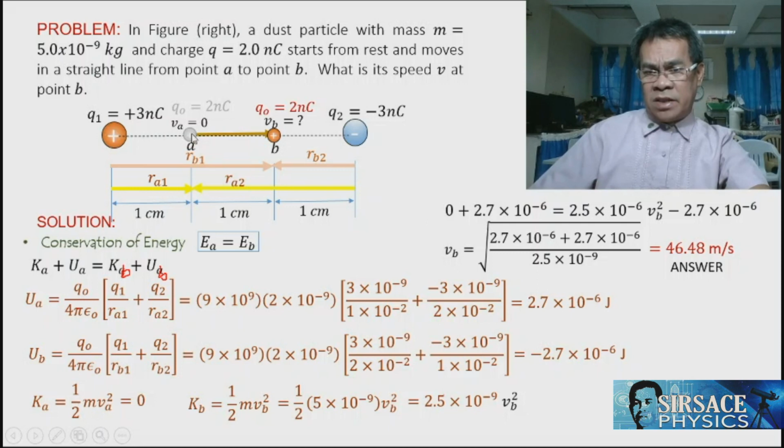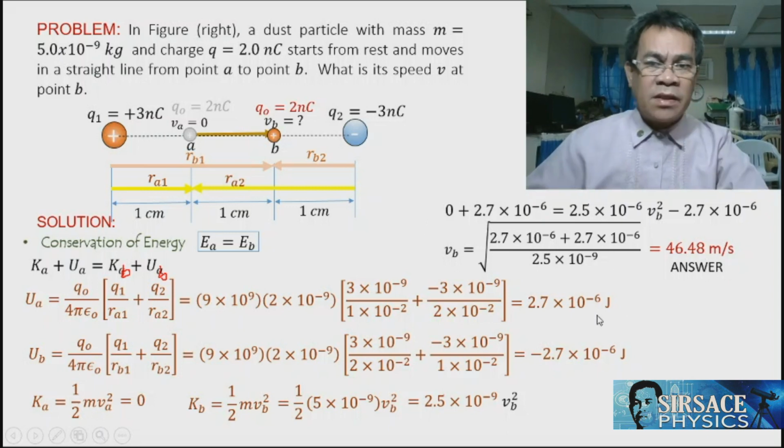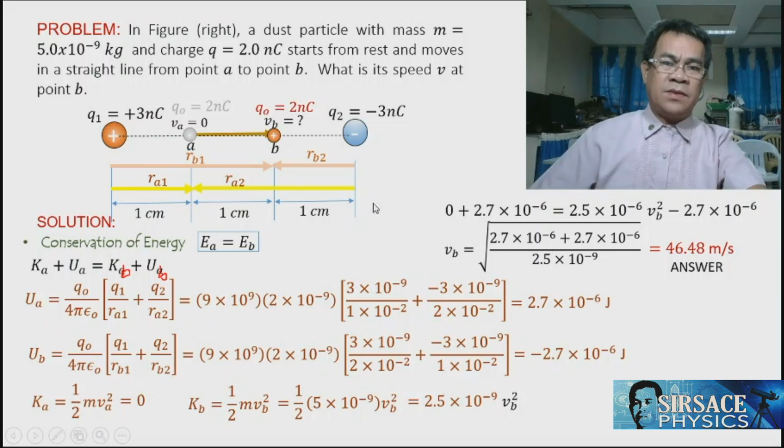It starts from rest with 0 and it accelerates. Okay? There must be an acceleration because of the force. So therefore, there must be a final velocity, and the final velocity is equal to 46.48 meters per second. Okay? So, this is the answer to this problem.